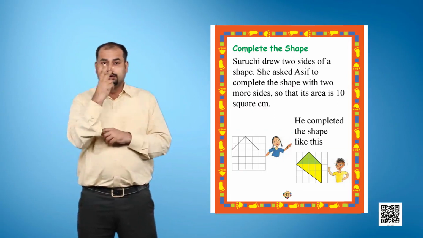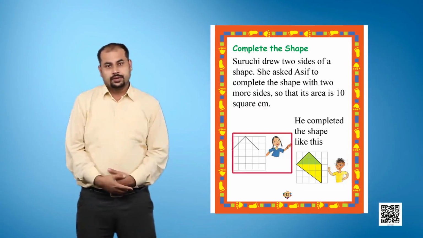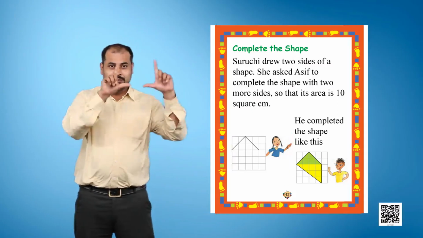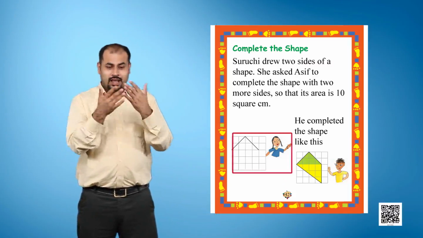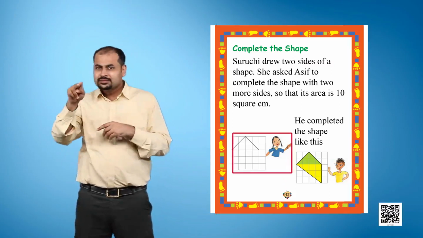We have two pictures. On the left side, there is a grid line structure of squares in which an incomplete figure has been drawn by Suruchi.